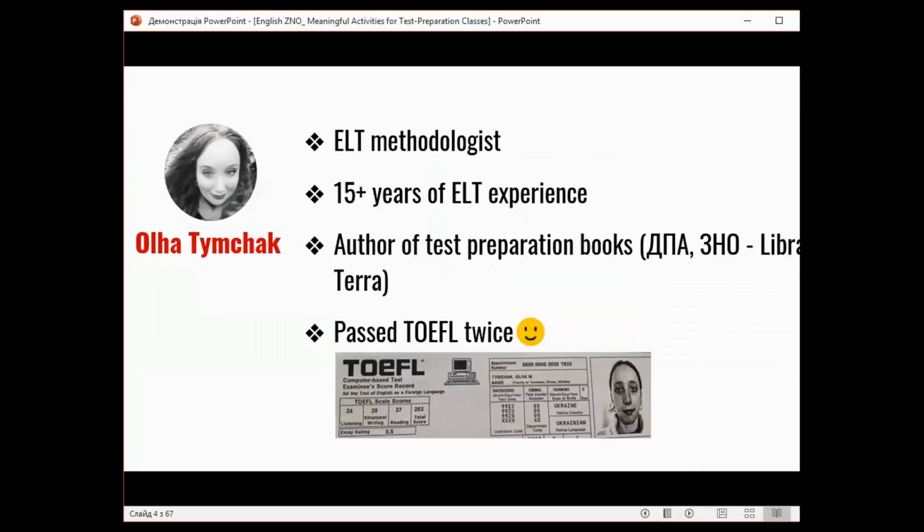Like many of you, I have been working as an English teacher for many years, and during my career, I was teaching various test preparation classes. When I was a teenager myself, at the age of 16, I had the opportunity to take a TOEFL test, and on this slide, I have shared a picture of my worried face right before this testing. So now when I'm preparing my students for the test, I remember myself in a similar situation, so I can very much relate to how worried and stressed they feel at this time.